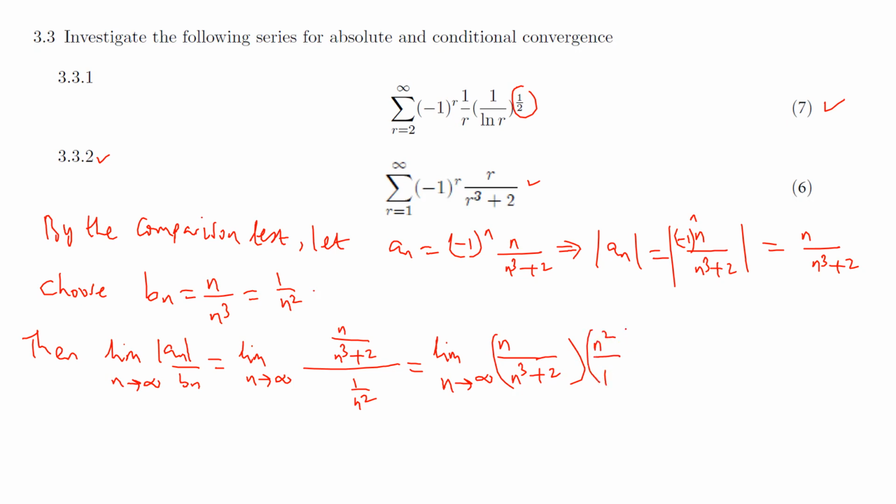Then you can write it like this, and then the limit. So you have n cubed over n cubed plus 2.